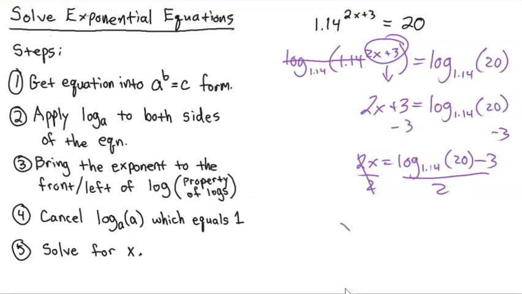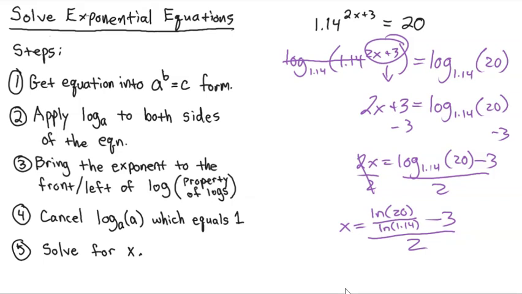Now we're going to convert that logarithm using change of base so we can get a number. So we'll have natural log of 20 over natural log of 1.14, minus 3, all over 2.